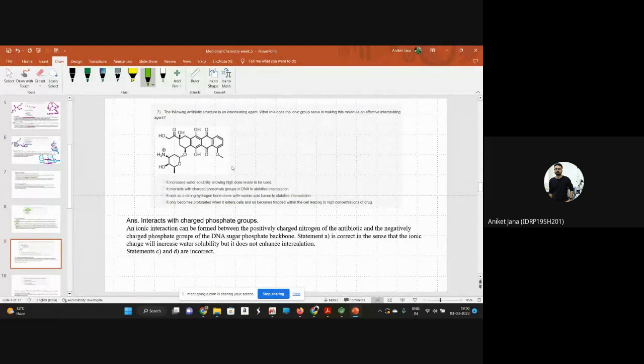Okay, so here the following antibiotic structure is an example of an intercalating agent. We have already discussed the mechanism of intercalating agents. What role does the ionic group serve in making this molecule an effective intercalating agent? So what do intercalating agents do?